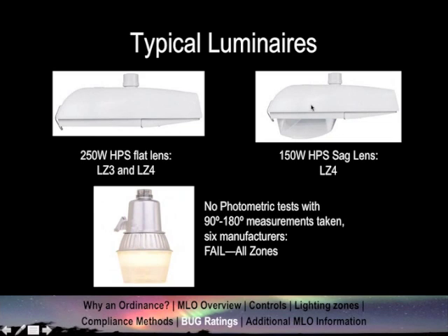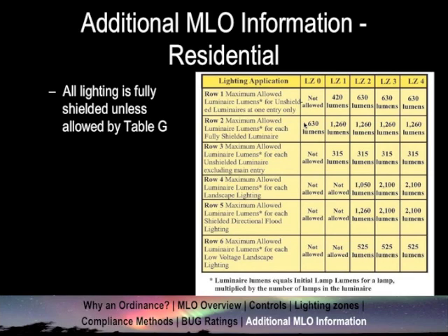The old sag lens cobra head, 150 watt, only in lighting zone 4. And then, of course, these barn lights, they fail in all zones. So these types of lights that we've grown up with, all of a sudden we're going to need a whole new genre of luminaires that will be able to meet the different bug ratings.